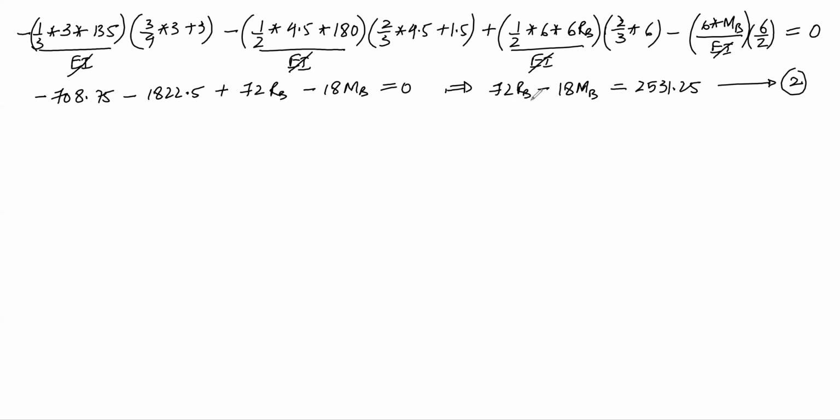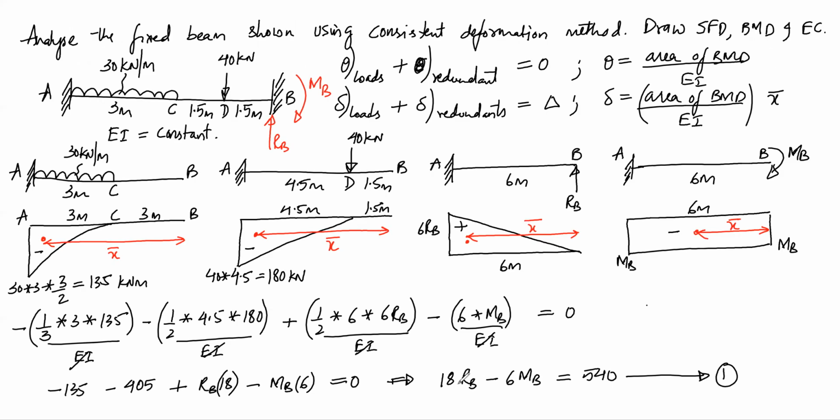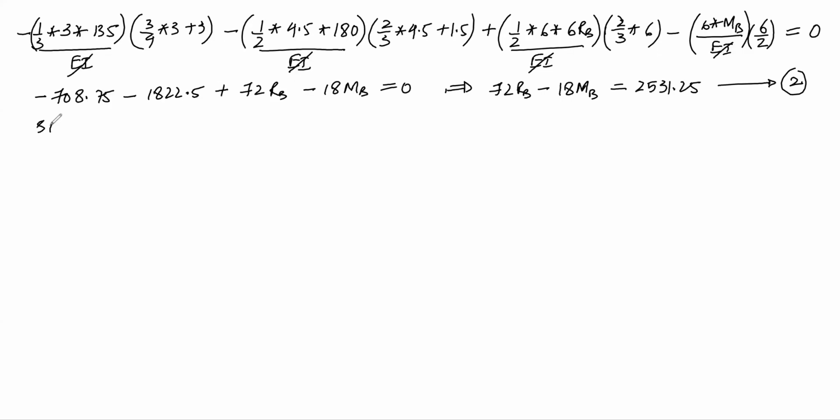Now here we have two unknowns, RB and MB, and in equation 1 we also have two unknowns, RB and MB. So we can solve equations 1 and 2 to determine the values of the redundants.